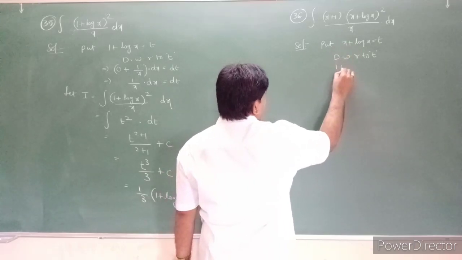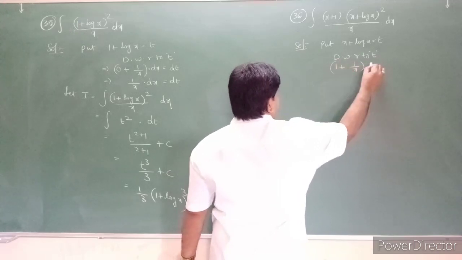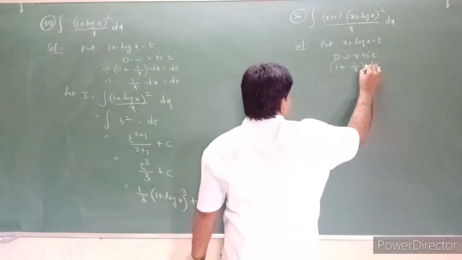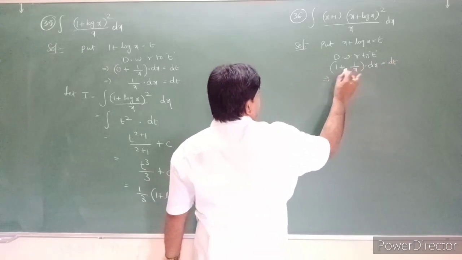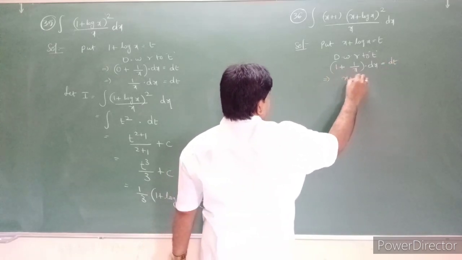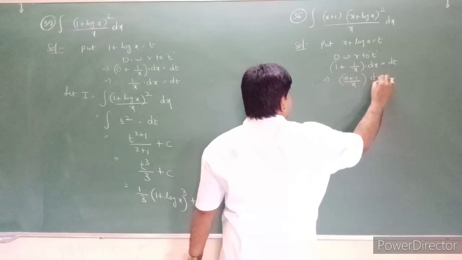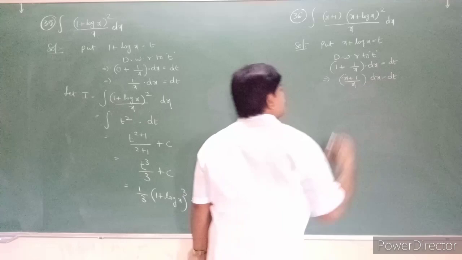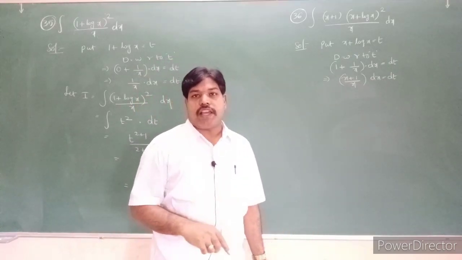Derivative of x is 1 plus log x derivative is 1 by x into dx is equal to dt. So that implies take the x LCM, (x plus 1) by x into dx is equal to dt. (x plus 1) by x into dx value is dt.